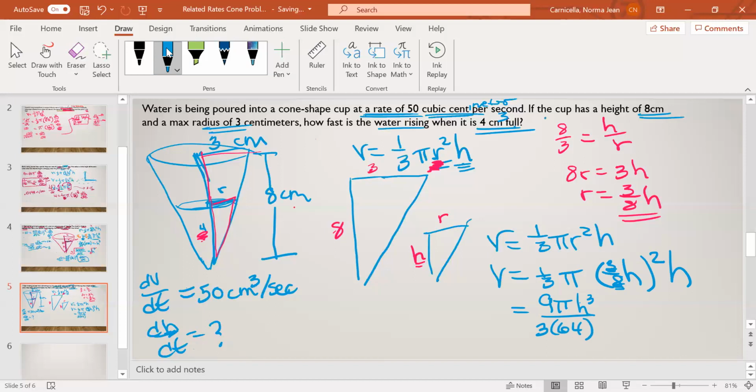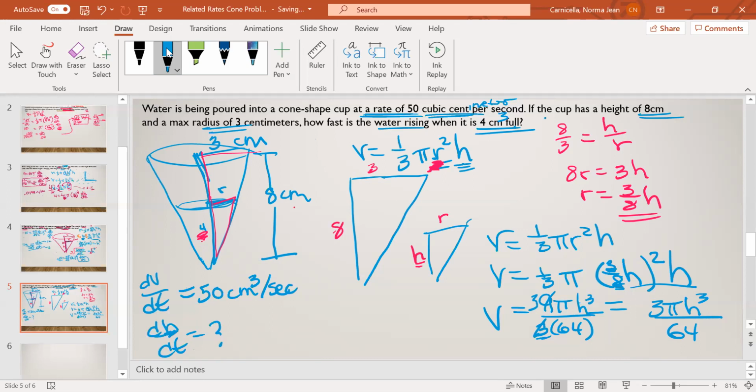See how 3 goes into 9, 3. So that leaves me with 3 pi h to the third over 64 for volume.